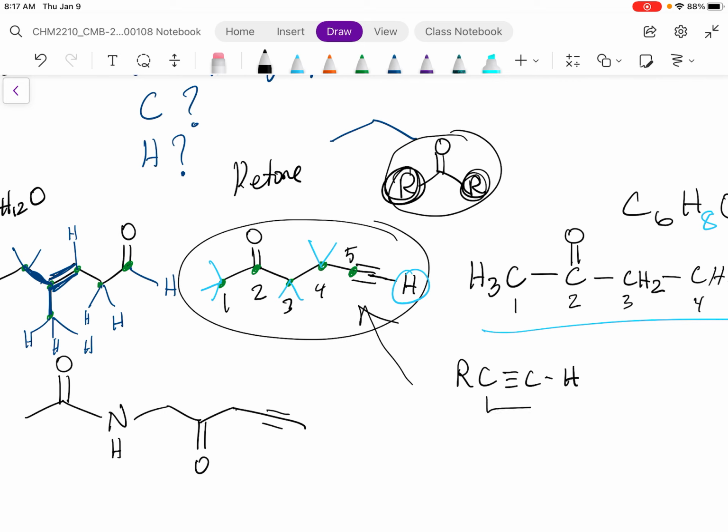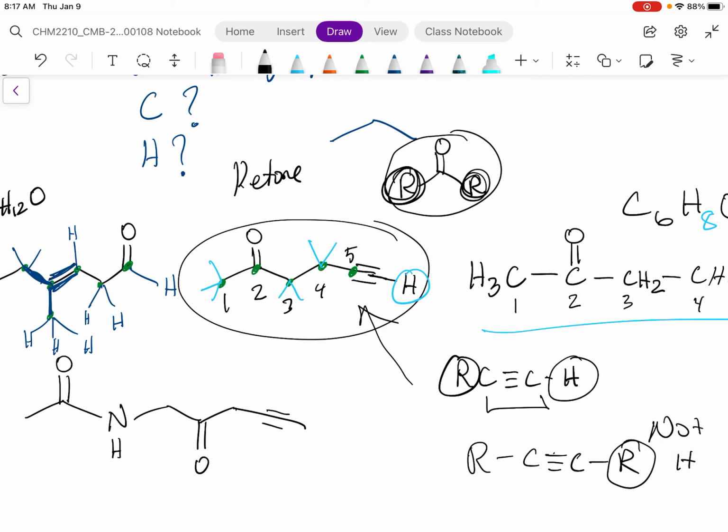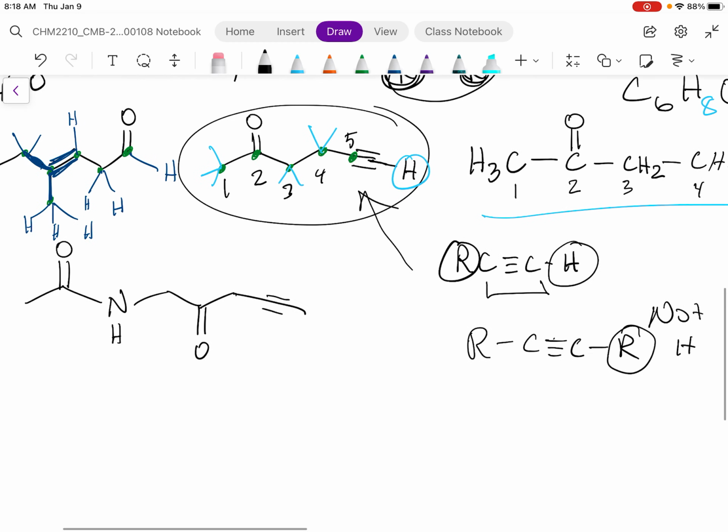We have these 2 carbons that form that triple bond, and then the R group can be something carbon. And then terminal means that we have to have a hydrogen on the end. But if we have something that looks like this, where that is not hydrogen and is carbon, that triple bond is sandwiched between 2 carbon atoms. Hence, it's going to be an internal alkyne.